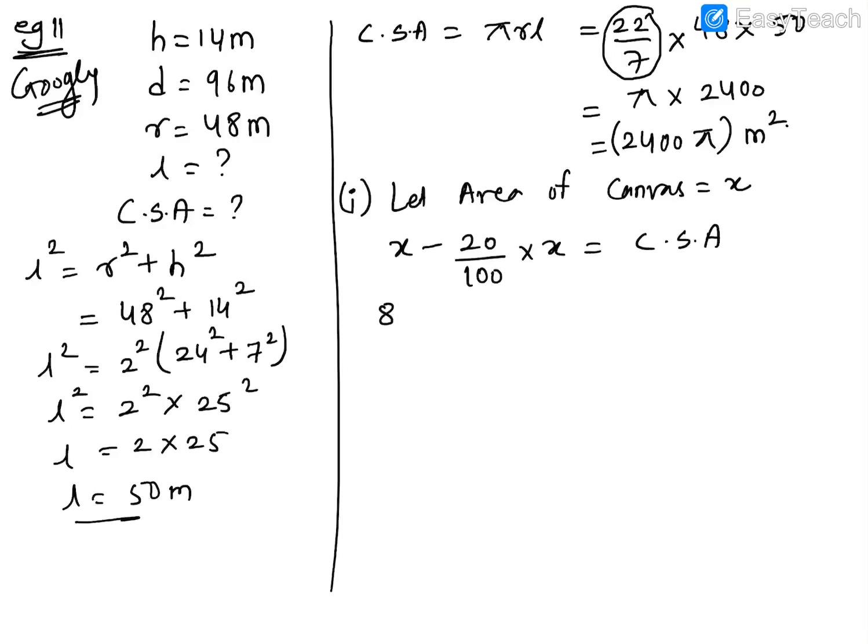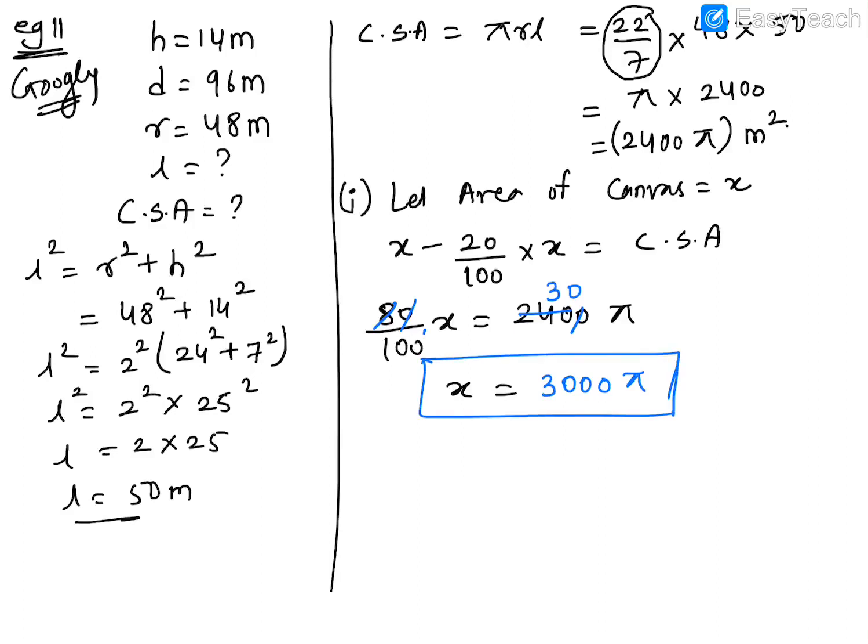So you will get 80 upon 100 x is equal to 2400 pi. Got it? So with this you can solve for x. Cancel 0, 0. 8 ones are 8, 30s are 3000. So x is equal to 3000 pi. That's your answer.